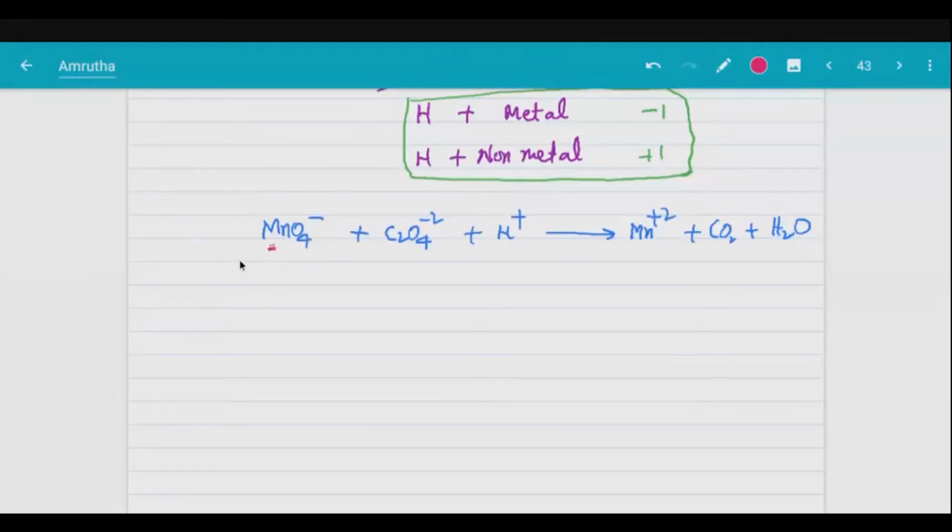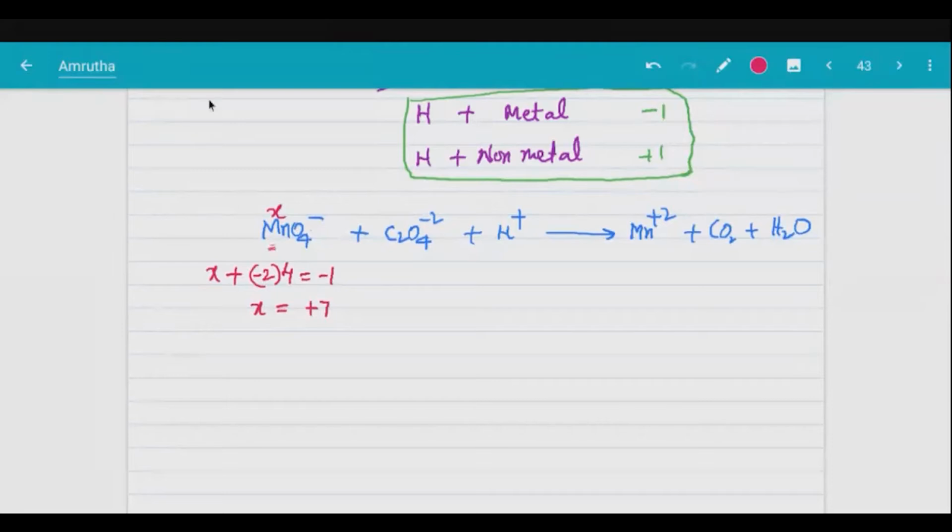Mn, oxidation number. So I'm taking X. X plus oxygen is minus 2. I'm just doing simple maths because the charge is given -1. So the sum of charges of these elements must be equal to -1. So X plus (-2 into 4) is equal to -1. So X is equal to how much? +7.